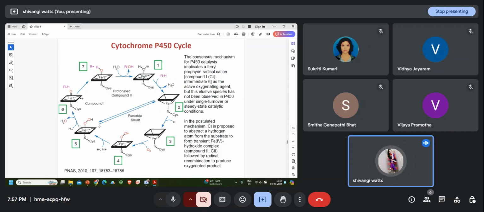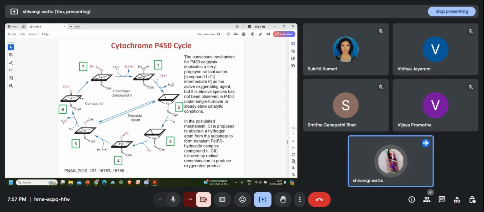Fe3 here, Fe3 here also. Hydrogen peroxide is H2O2, and here it is HOO negative, which means O2 2 negative.